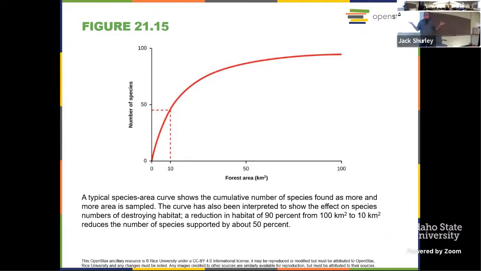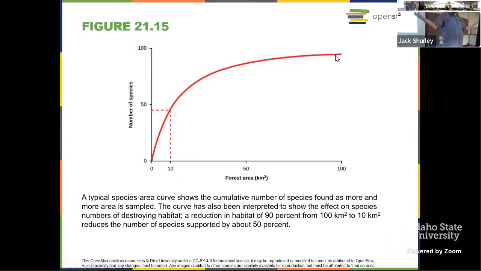This is kind of an arbitrary, hypothetical, but we're looking at the number of species found over a specific area. And I think it makes sense. If you have greater area, bigger habitat, bigger range, you've got a greater opportunity to harbor more organisms, all right? So more can be there.